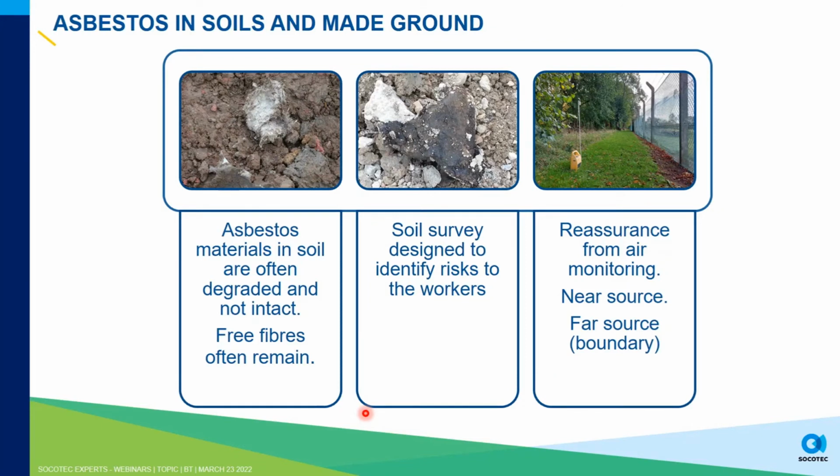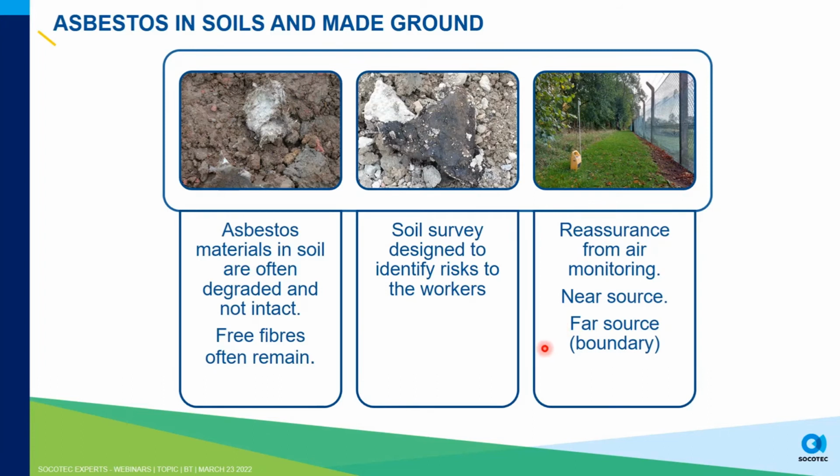We can undertake air monitoring on site in terms of far source boundary monitoring by running pumps for long durations, and therefore achieving lower limits of reporting. Okay, so again, a very good way of using high volume sampling.